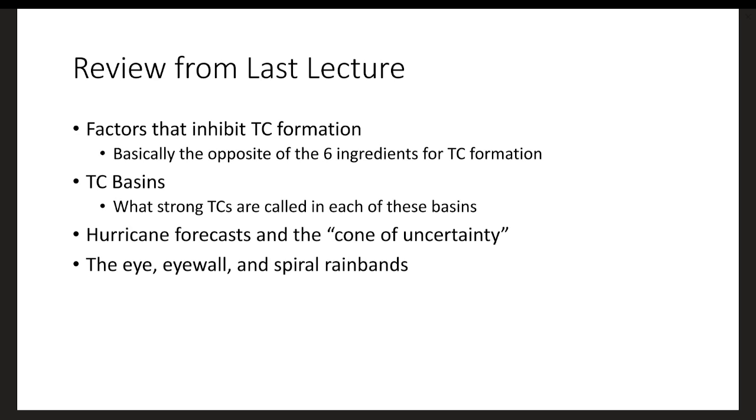So we have typhoons, hurricanes, and cyclones, but it's just 3 different words for the same thing. We talked about hurricane forecasts from the National Hurricane Center in Miami, and we talked about the cone of uncertainty, and we talked about the eye wall and spiral rain bands.